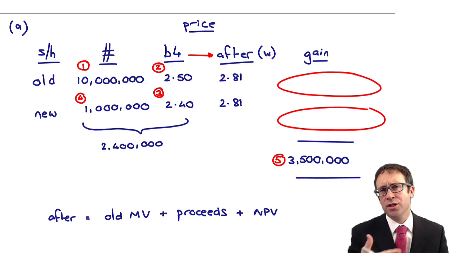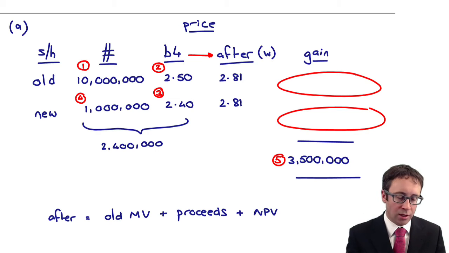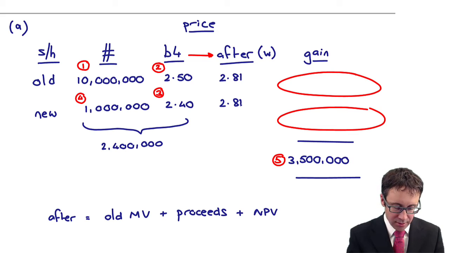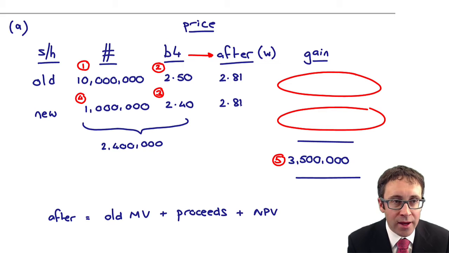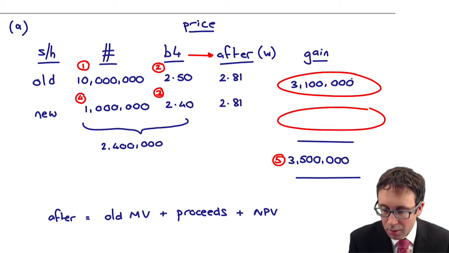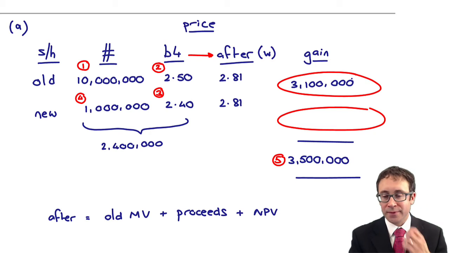They had a share at $2.50. It's now $2.81. So they make a gain per share of 31 cents, times by 10 million, a gain of 3.1 million. Okay. Excellent.